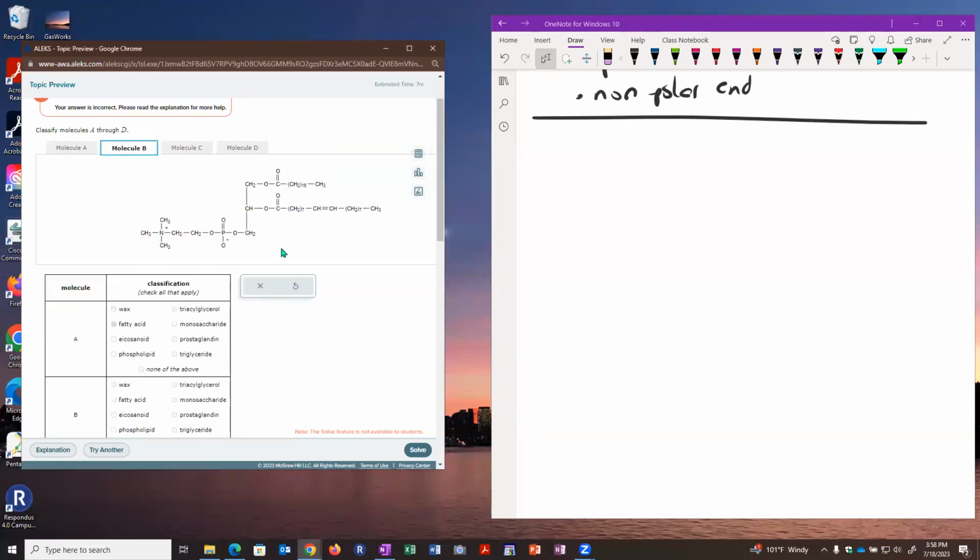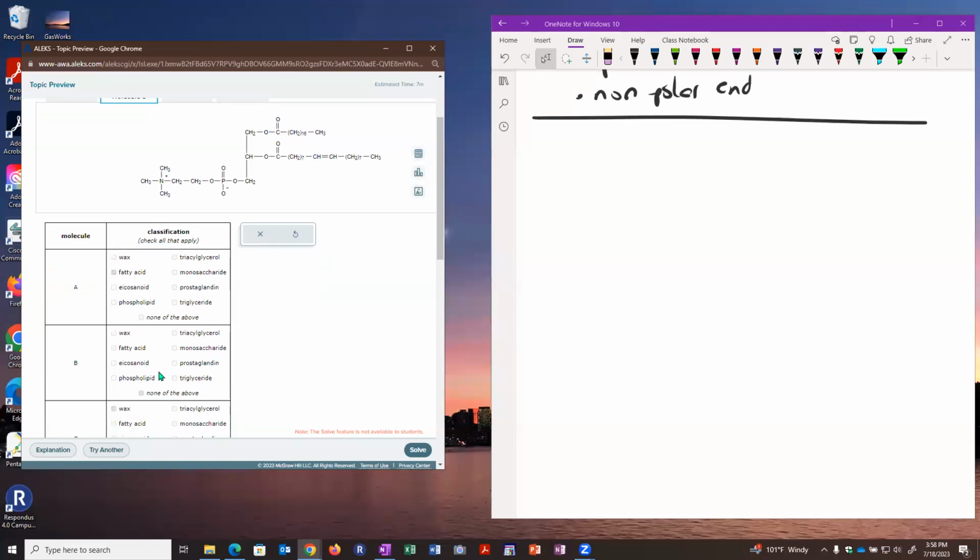If you look at B, we can see that we have a 3-carbon backbone right here in the middle. We have 2 ester bonds to fatty acids on the right side, so one here, and then another one, with their long carbon tails. And then we have this phosphate group right here on the 3rd carbon. And right away, once you see phosphate in it, you're thinking some sort of a phospho something.